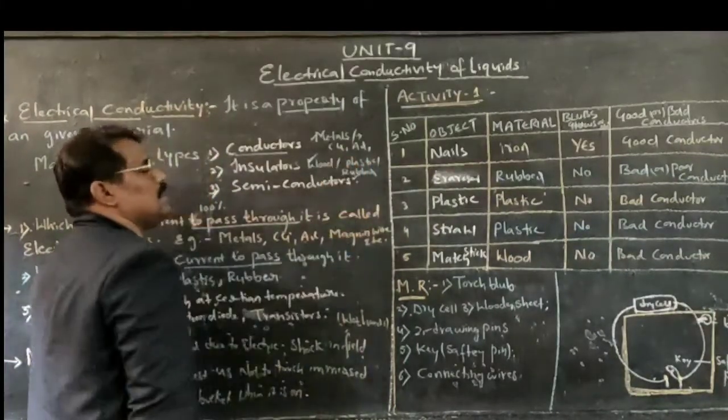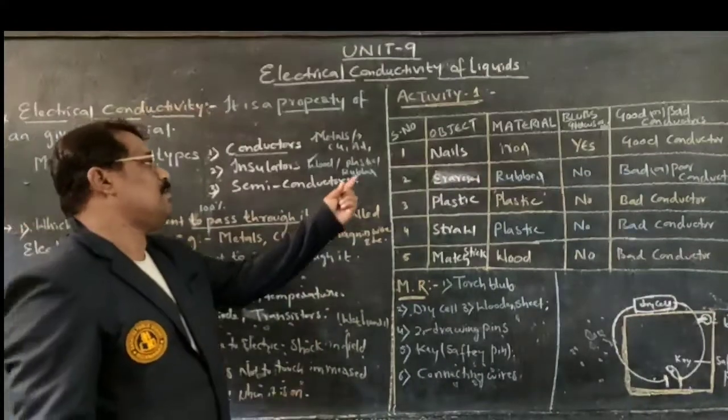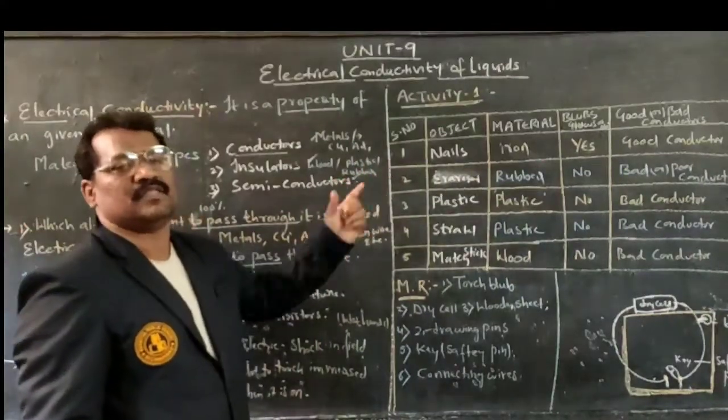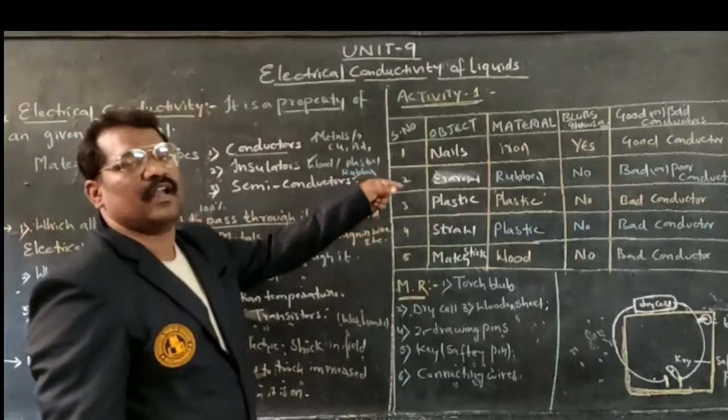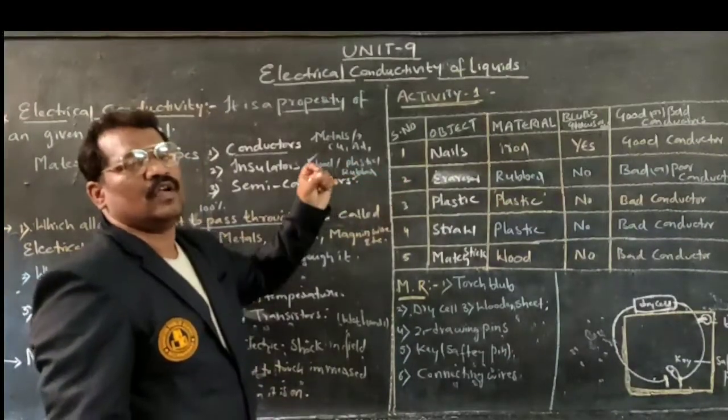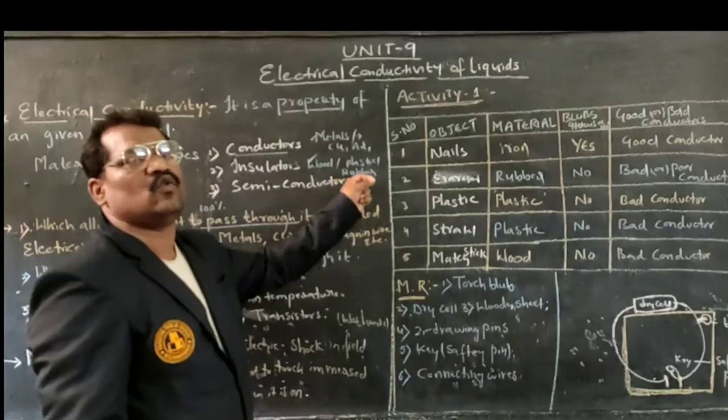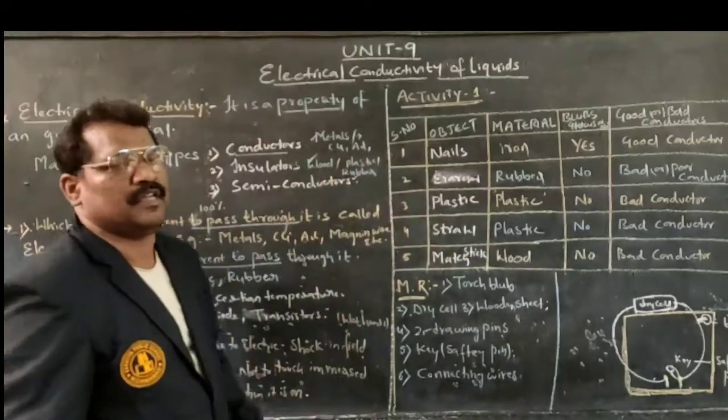All the articles made up of rubber are also best examples for insulators, through which the percentage of current flow is equal to 0. They don't allow electricity to pass through those substances.